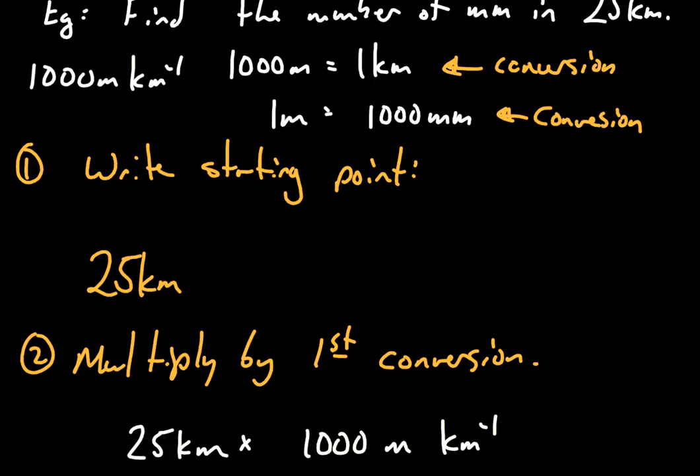Okay. Now I want to note something here, because we can actually write this conversion factor slightly differently. We could say that 1/1000th of a kilometer is 1 meter. So there's 1/1000th of a kilometer in a meter. These are equivalent, but they're used in different scenarios. From 1,000 meters is equal to 1 kilometer, you can either say there's 1,000 meters per kilometer, or there's 1/1000th of a kilometer for every meter.